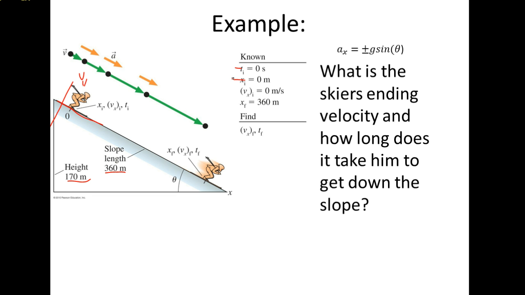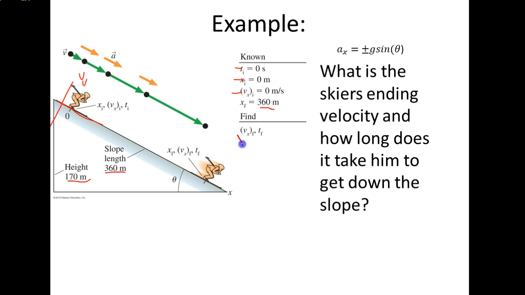I'm also going to say that he's starting with initial velocity of 0 meters per second. Right? Those are all of my knowns. Even though it wasn't stated clearly in the problem, you can assume those kinds of things. Right? And then I know his ultimate destination is 360 meters from where he started.